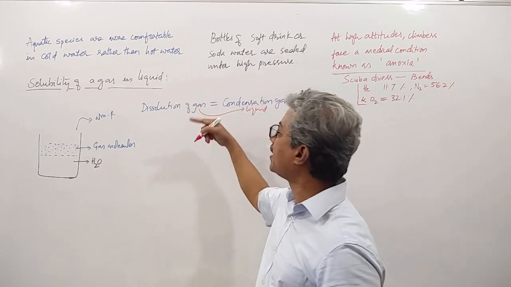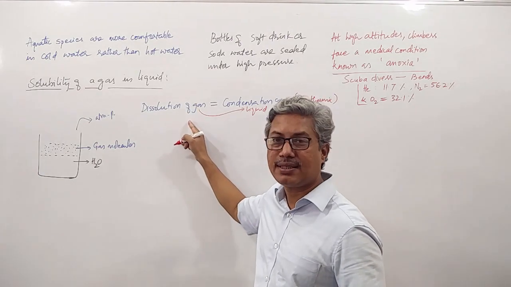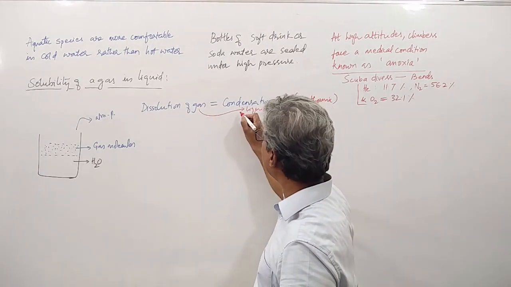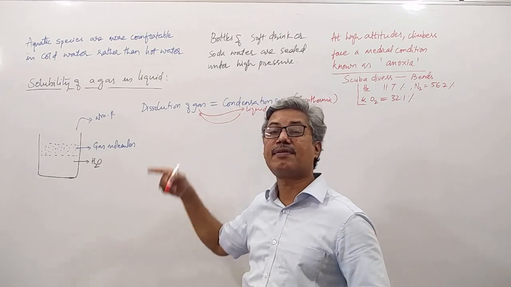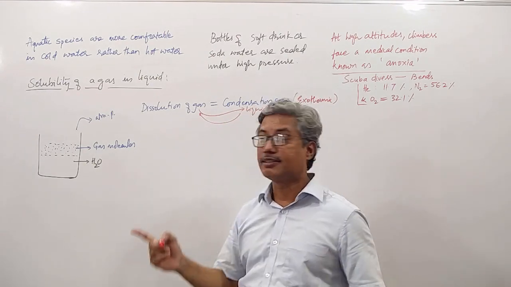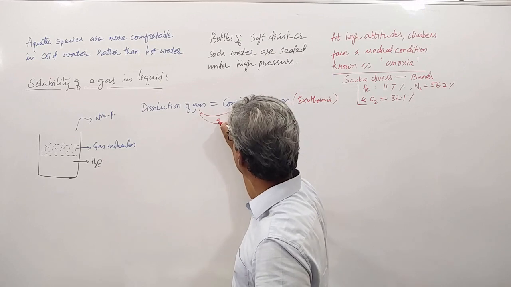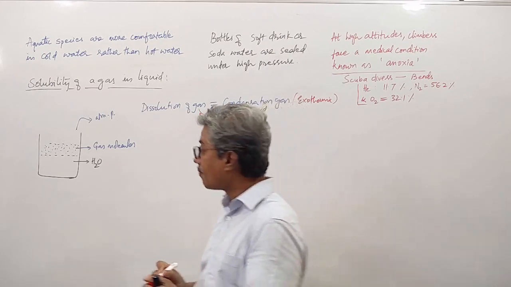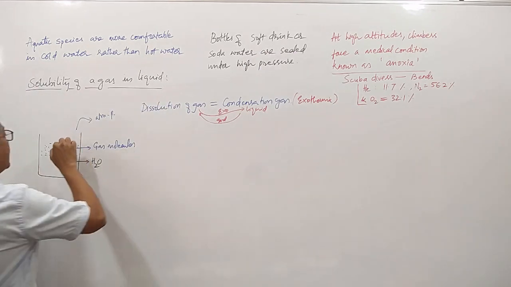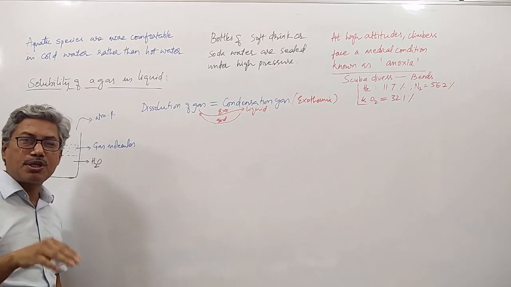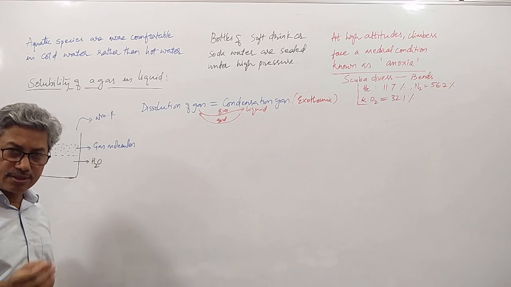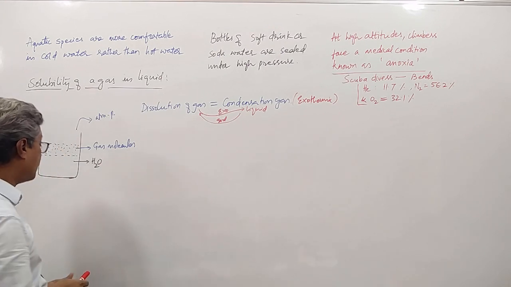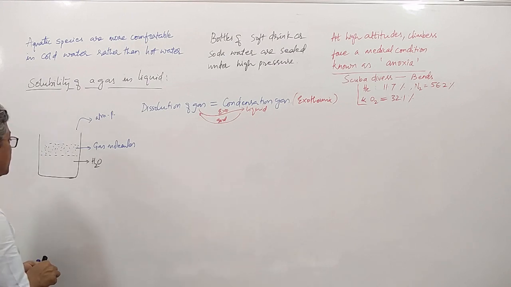This is possible only when you remove the heat from the gas. That is exothermic. Or if you have any confusion here, go from liquid to gas. How can you convert liquid into gas? By heating. That means this is endothermic, but this is exothermic. Clear? Therefore, we can say that dissolution of gas in a liquid or a solvent is an exothermic process. Is that clear, students?